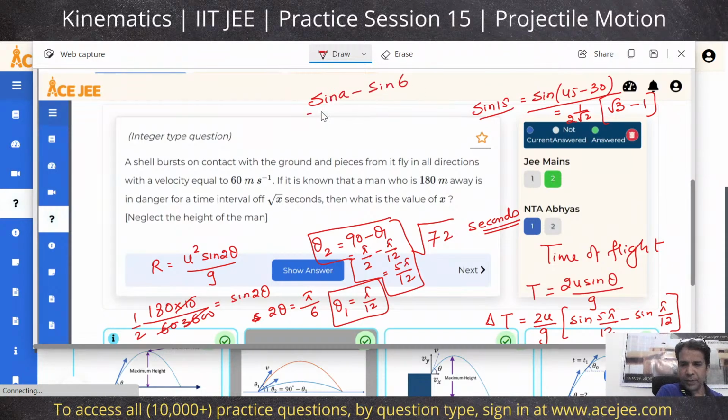Manan, did you use this beta, or did you convert sine 75 into sine 60 plus sine 15? I also used sine A minus sine B. Okay, Chavi beta, shall I quickly go through the concept as I see it, and then we'll have a discussion?